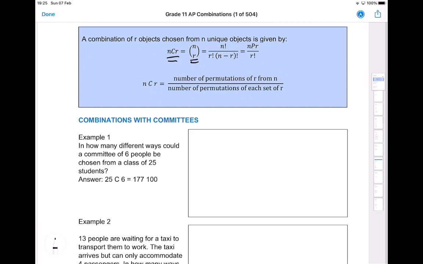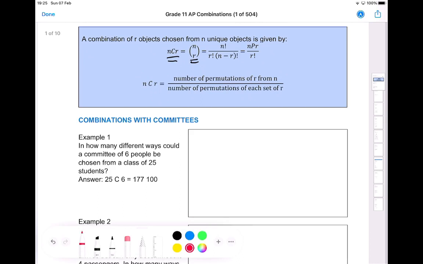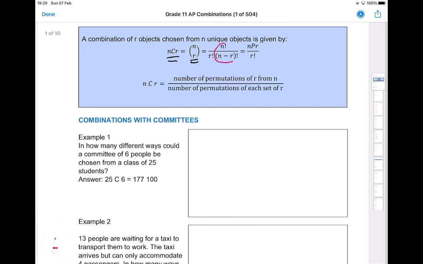Well, that formula is the same as this. I hope you can see here. You will remember that this part alone is actually equal to nPr. So it's like we are taking nPr and dividing by r factorial. That is why this formula says nCr is given by the number of permutations of r from n.